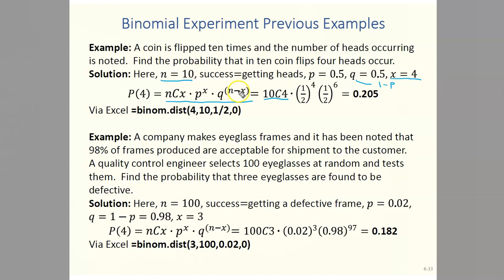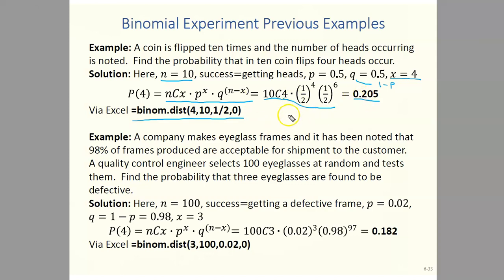Notice 10 minus 4, that's where the 6 is coming from. Now we can use a calculator to evaluate this, or Excel, and we will get 0.205. Now there's also a built-in Excel function that allows you to plug the information in and you'll get the answer back very quickly that way.